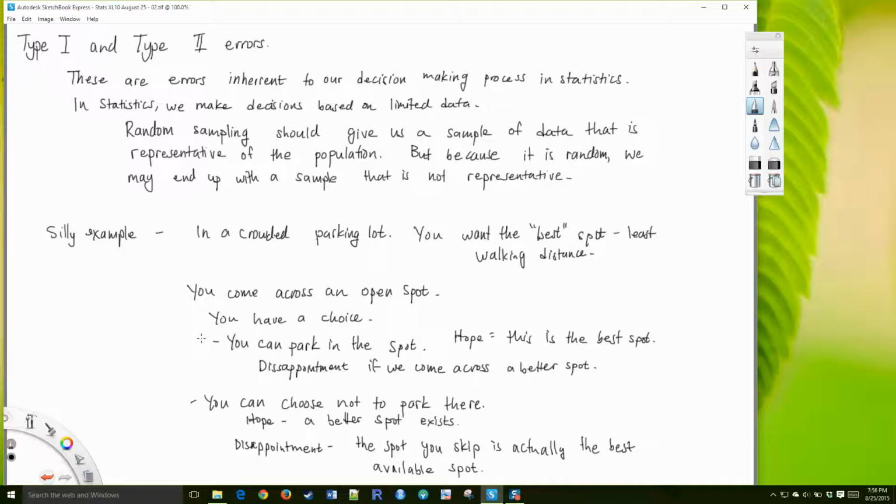All right. So this parking thing is a silly thing, but essentially this can be expanded and applied to all sorts of things, even to picking a professor or picking a life partner. If you choose to stay with someone, you're hoping that is the best person to stay with.